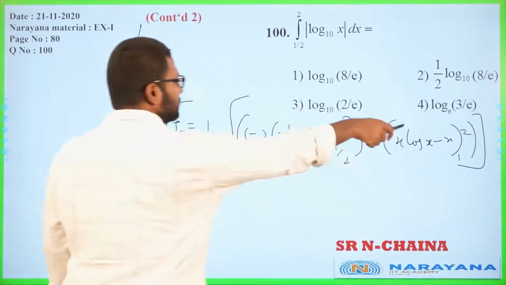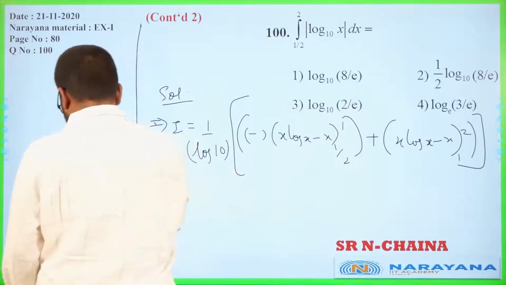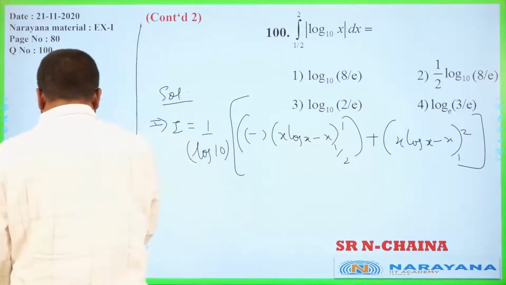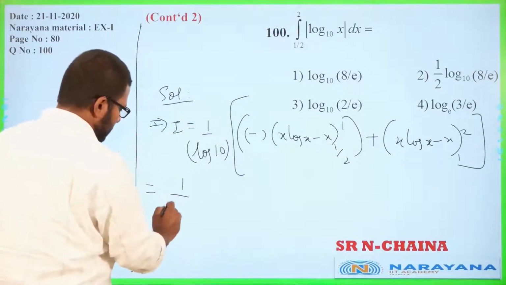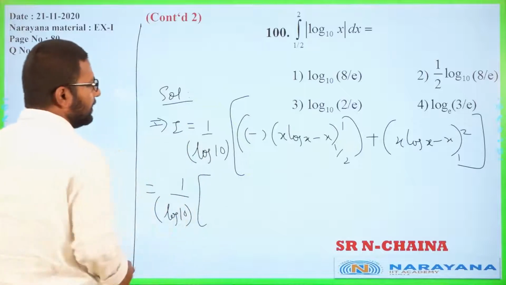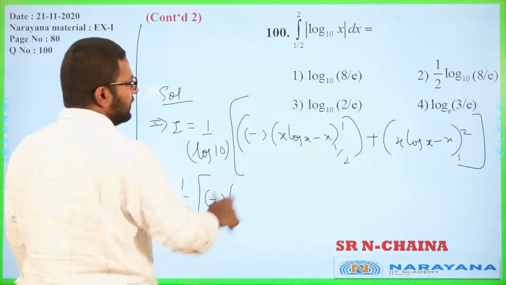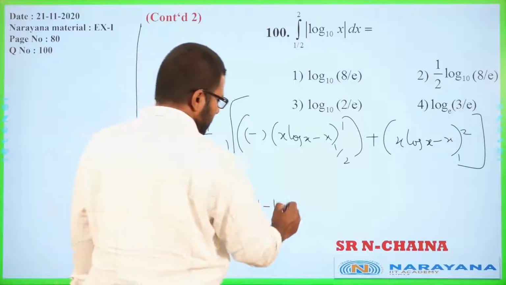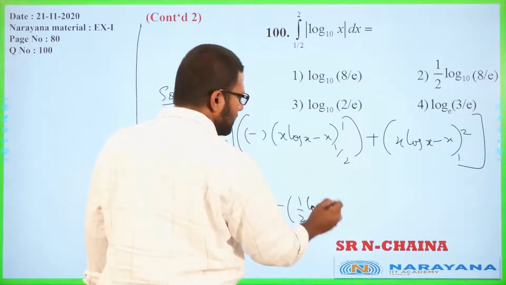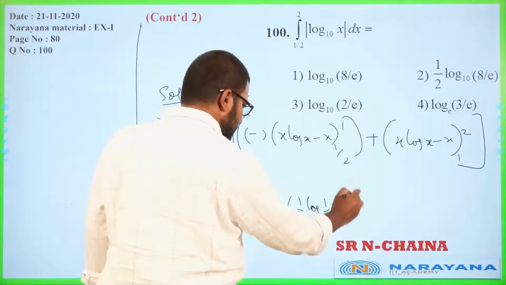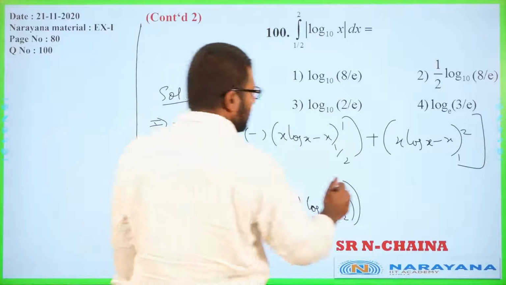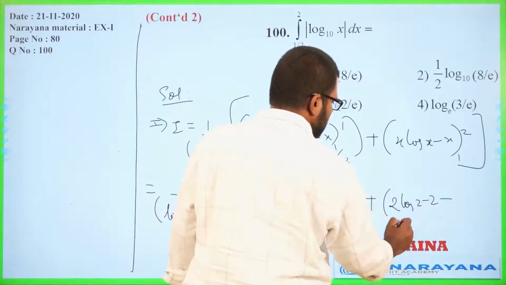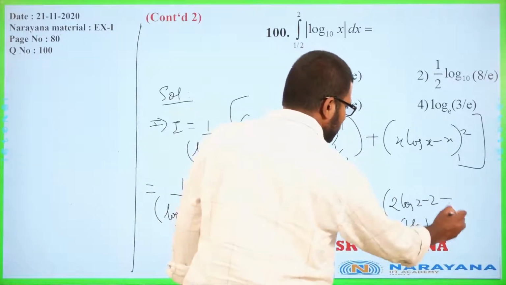So 1 by log 10 into, I can put a minus here, substitute these values: 1 log 1 minus 1 minus half log half minus half, this bracket, and then plus 2 log 2 minus 2 minus 1 log 1 minus 1.